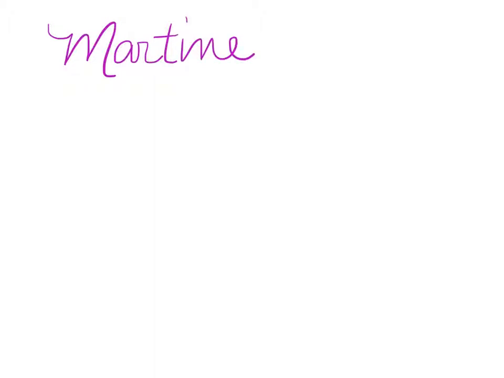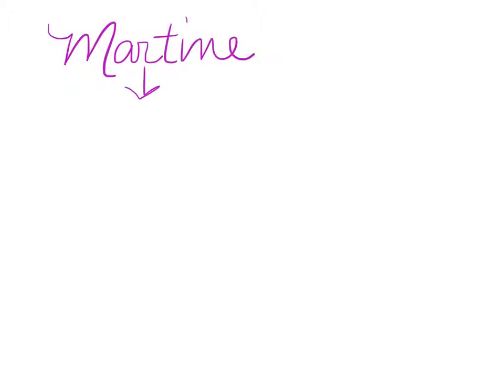Okay, so the last thing that I want to go over is what you do when you have a noun subject instead of a subject pronoun. Well, noun subjects use the same verb form as the pronoun that you would use if you were to replace it. So for example, let's just take the name Martine. Martine is actually a girl's name in French.